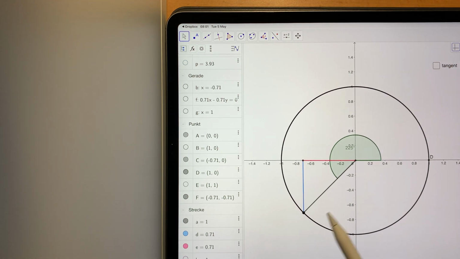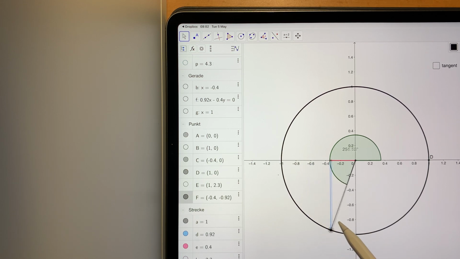So clearly, at 225 degrees, which is in fact 90 plus 90 plus 45 degrees, it's clear that the length of the red line segment and the length of the blue line segment are the same, 0.71, but it's negative when you look at the system of coordinates. So it's minus 0.71 and here also minus 0.71.